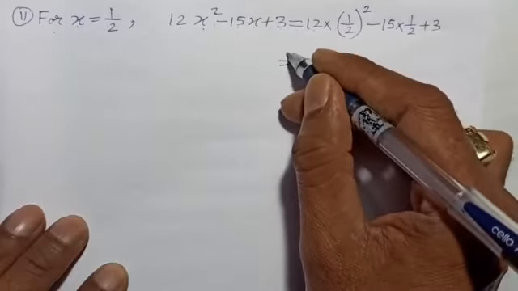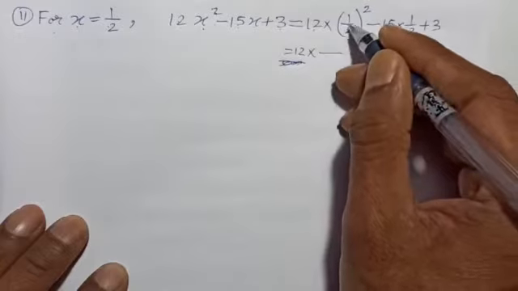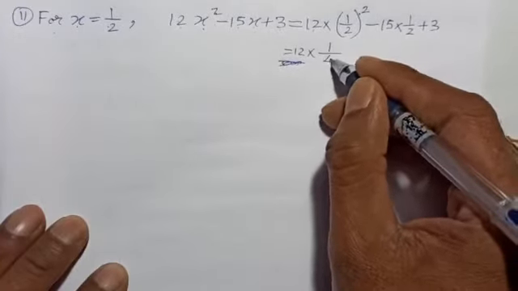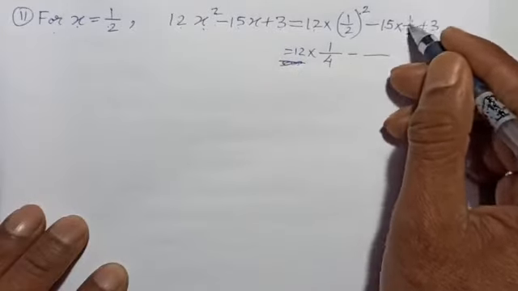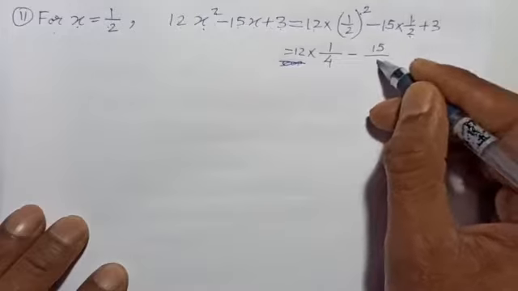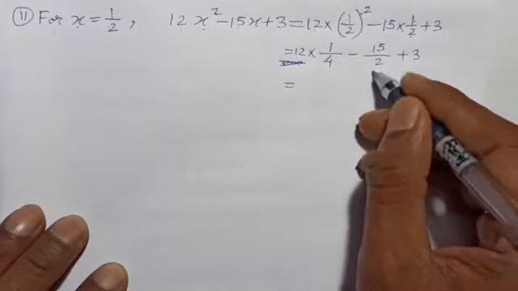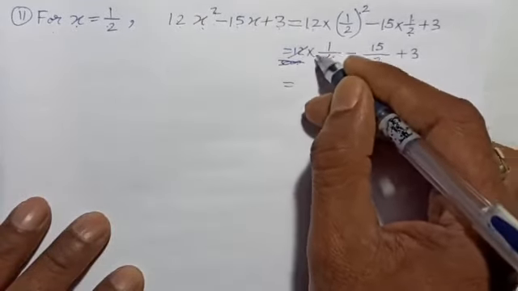This is 12 into (1 by 2) square. 1 square is 1, 2 square is 4, so we are getting 1 by 4, minus 15 into 1 by 2. 15 into 1 is 15, denominator is 2, plus 3. Now this 12 we can divide by 4, 4 threes are 12.